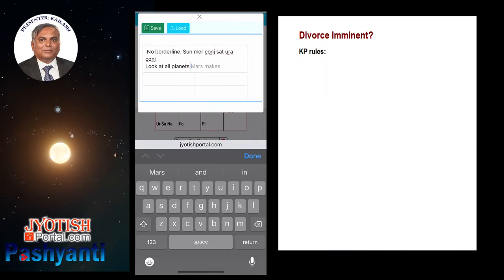This gives you a good idea about the overall tilt of the horoscope, in which side it is more tilted. So that's one major rule from Professor Krishnamurti.